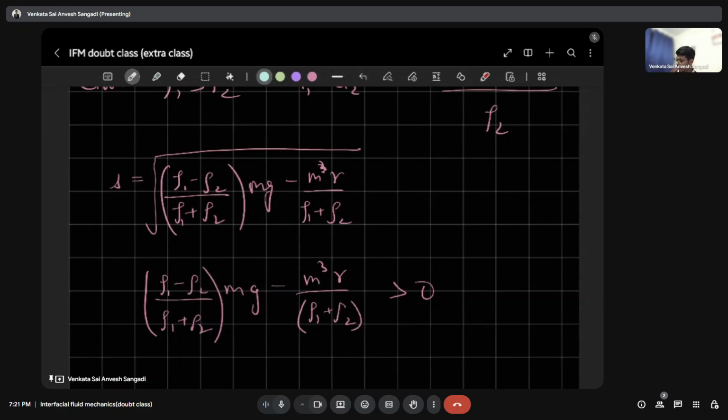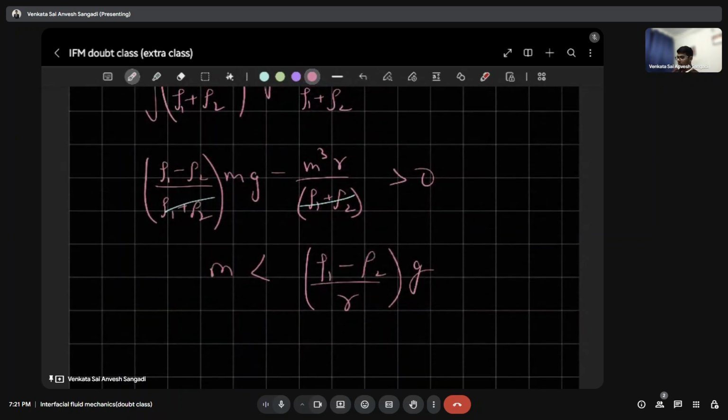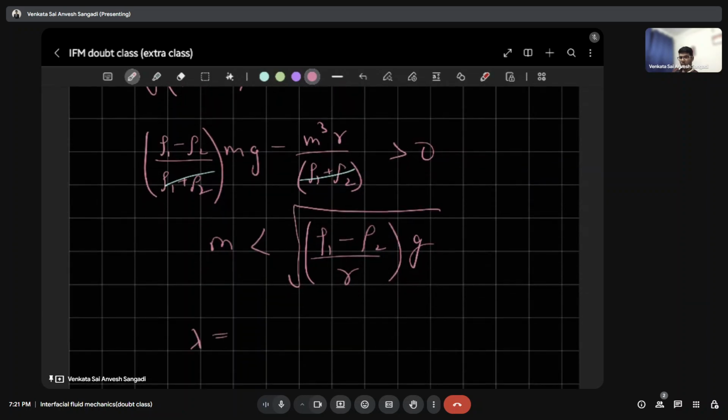So firstly we get rid of the denominator, and then this comes out to be m squared should be less than rho 1 minus rho 2 g by gamma, and we take the square root. So lambda is equal to 2 pi by m, which is equal to 2 pi times the square root of gamma by rho 1 minus rho 2 g.